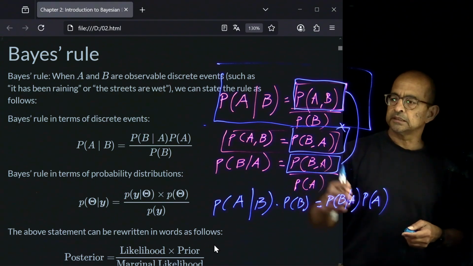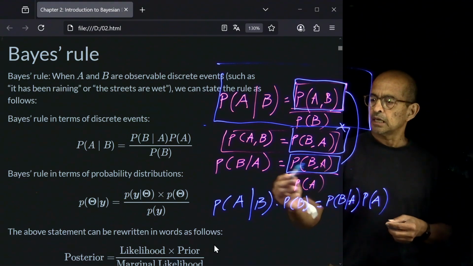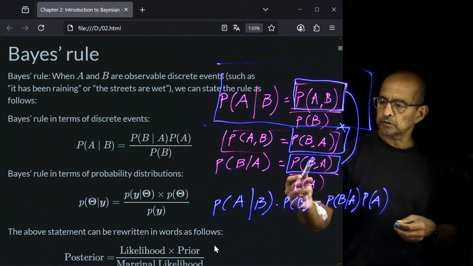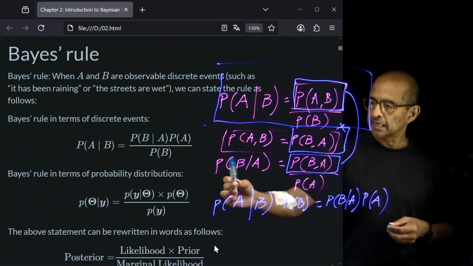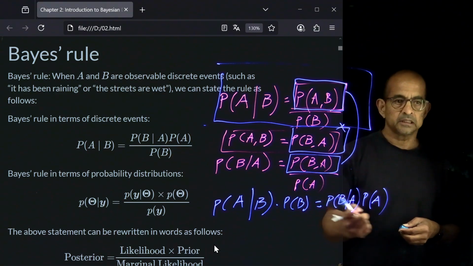And then similarly in the second equation, I'm just expressing the joint probability of B and A happening as the product of the probability of B given A times the probability of A. That's this term here.